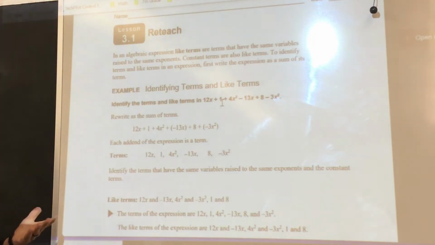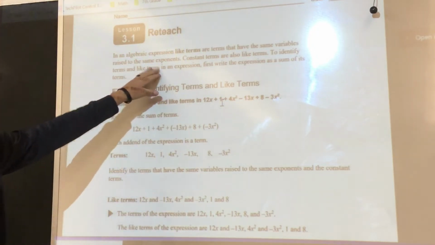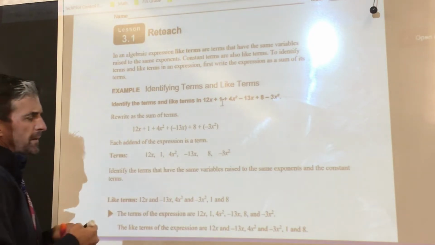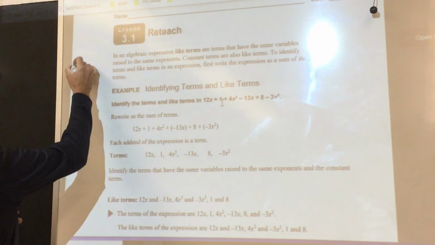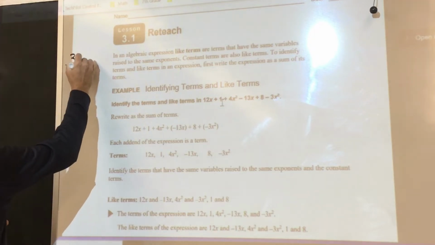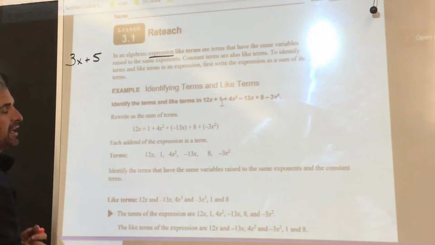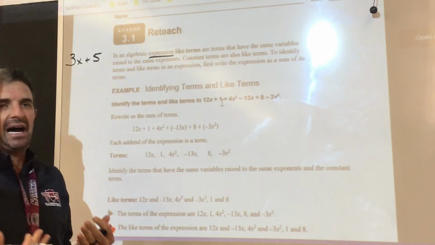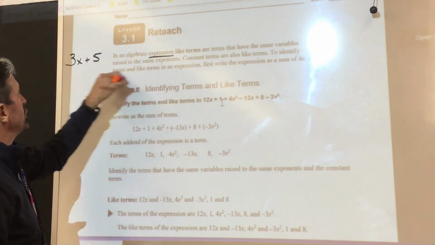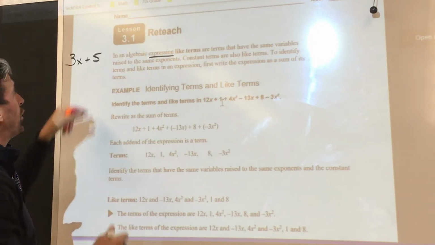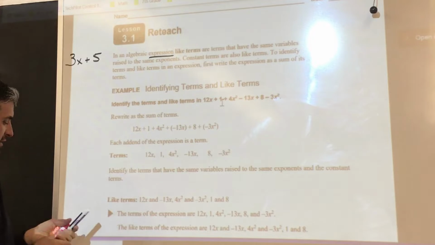So what is an algebraic expression? An algebraic expression has like terms and unlike terms. If you see an expression that looks like this, 3x plus 5, that's an algebraic expression. An expression is represented by, in some cases, a variable and a constant along with a coefficient.